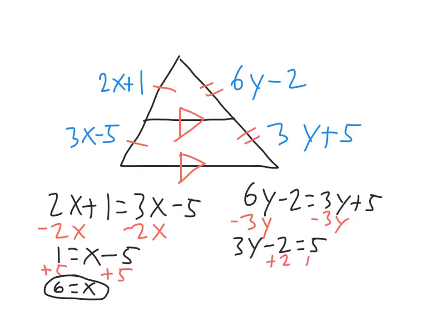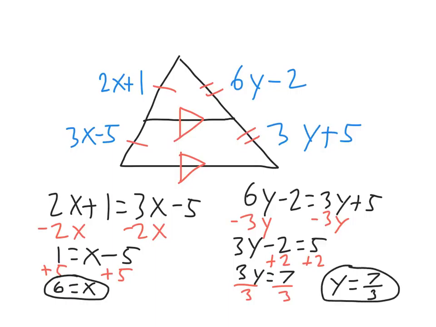Add 2 to both sides. Gives us 3y equals 7. Divide both sides by 3. And that'll give us y equals 7/3, or 2 1/3 if you want a mixed number. So in that case, you just solve for x and y, figuring out that if these two are congruent, then these two are going to be congruent.